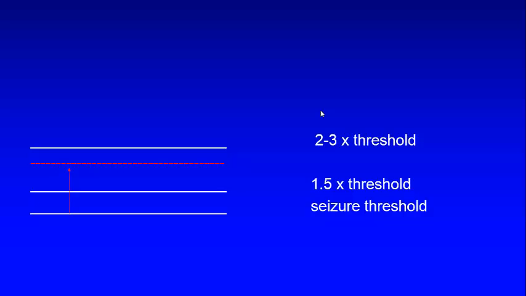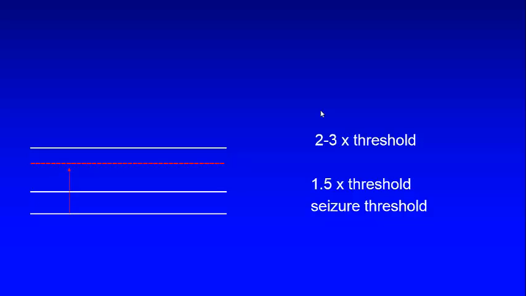So if you were to multiply that, let's say by 6, or let's say we were doing 2 to 3 times threshold, you get to 30% energy stimulation. And after 2 or 3 treatments, you go up to 50. And after 2 or 3 treatments more, you go up to 70. So toward the end, you're getting to be at the maximal energy settings. But if what's important for side effects is how high the energy setting is relative to that person's seizure threshold, toward the end when you're going higher, it's not the same as if you had started that high from the outset.